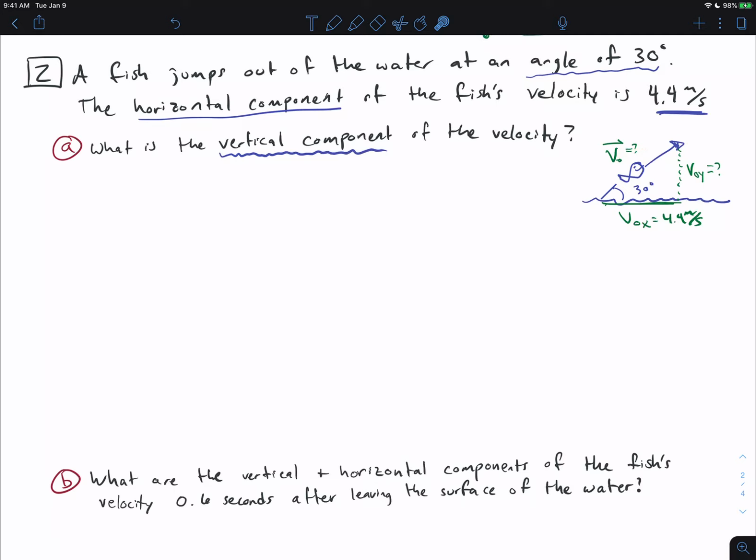What we're going to do, and I'm going to carry this through, just like I told you before, is use an x component and a y component. Okay, and what I'll do here is write in my variables. So here I'll have initial velocity, final velocity, acceleration, displacement, and time.